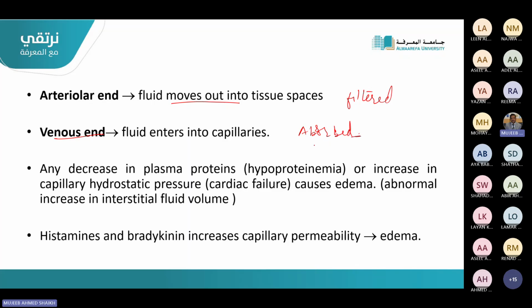Now tell me what will happen if any of the forces change. Any decrease in plasma protein, or another name, hypoproteinemia, or any increase in the hydrostatic pressure, that is the blood pressure, will lead to edema.